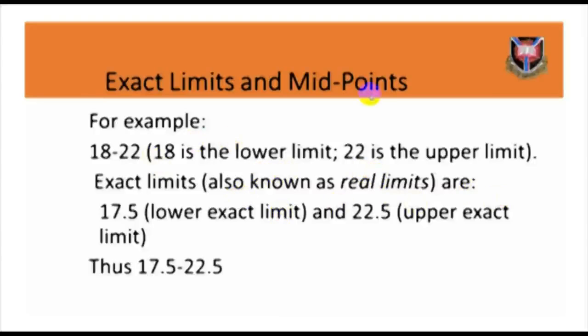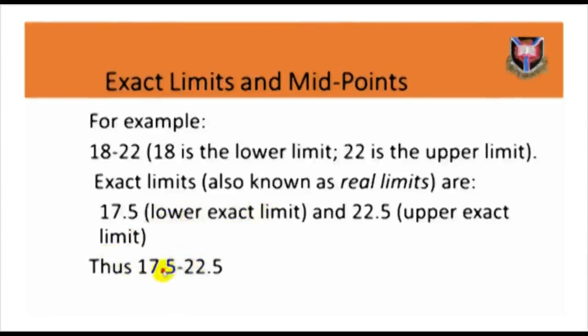A measure of 18, in essence, means anything from 17.5 to 18.5, which could be 17.5, 17.6, 17.7, up to 18.5. Thus, an interval of 18 to 22 has exact limits of 17.5 to 22.5.